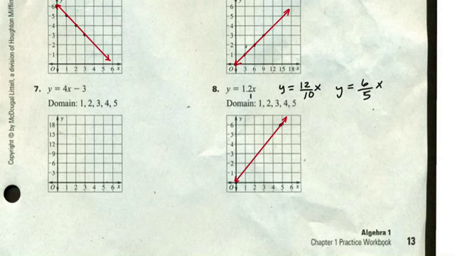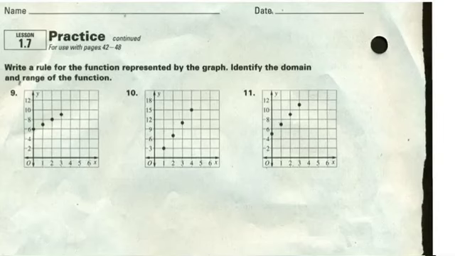Okay, next page. Write a rule for the function represented by the graph. So they want you to write the equation. Identify the domain and range. Well, we can do this two ways. One, we can make a function table using the coordinates, and from that make our equation, and then we'll know our domain and range. Or I can use my graph and do the same thing.